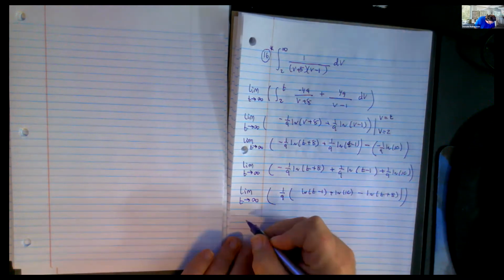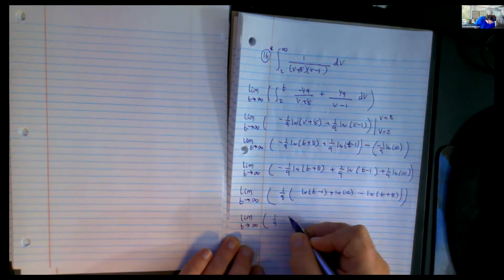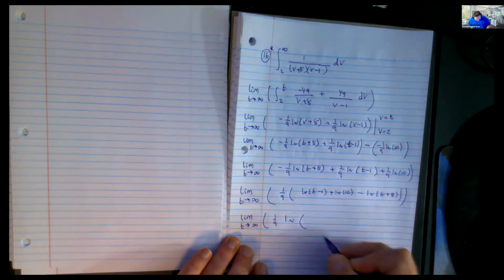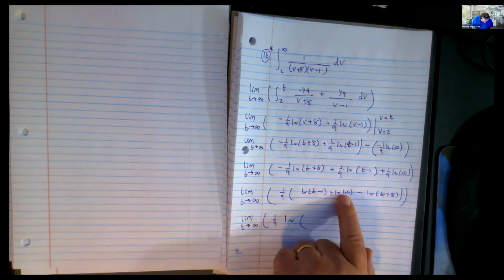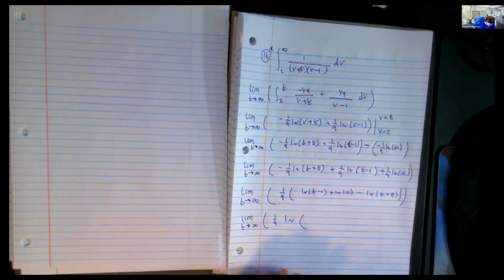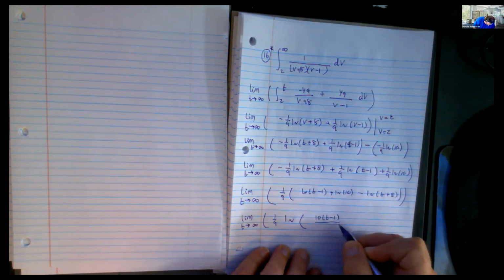Now, since we have logs here, I should be able to combine them into a single log. This log plus this log, take away that log. Well, when you add logs, you multiply the things together, and when you subtract a log, you divide it.